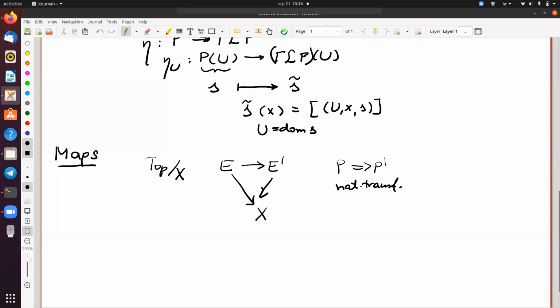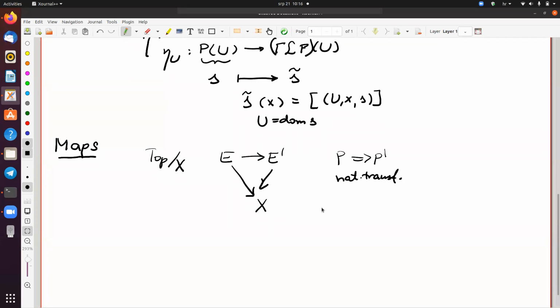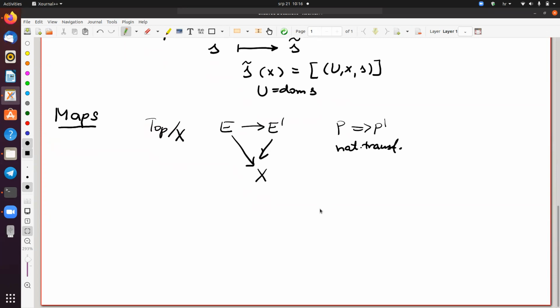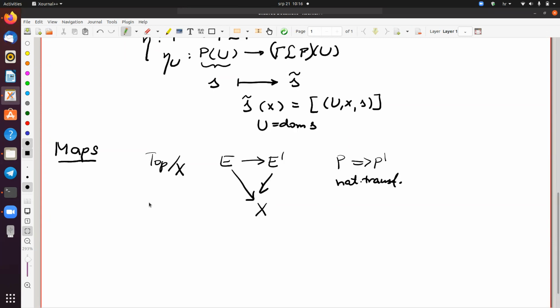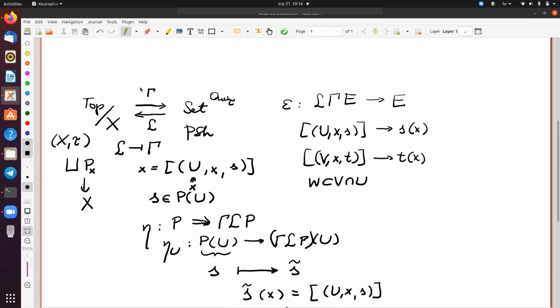However, when you are in this subcategory, which is obtained as, you remember, if I would compose this gamma and then lambda, or lambda and then gamma, well, you see, for pre-sheaves, if you do first L and then gamma, this was called A. This was sheafification.